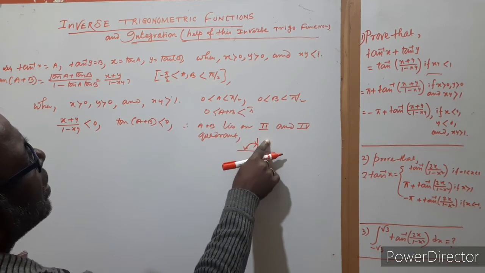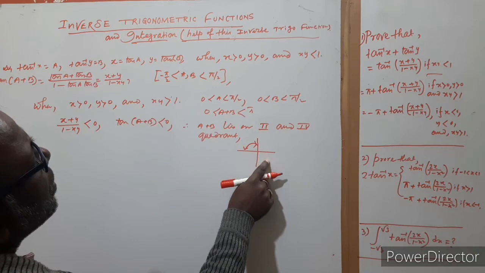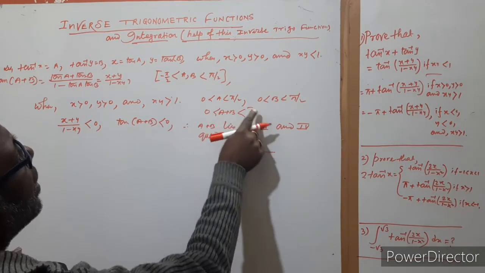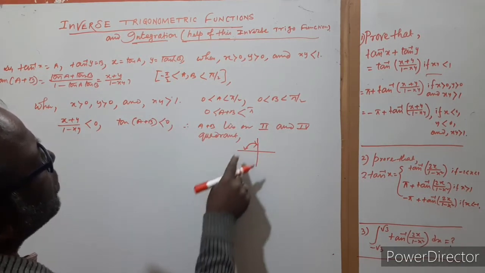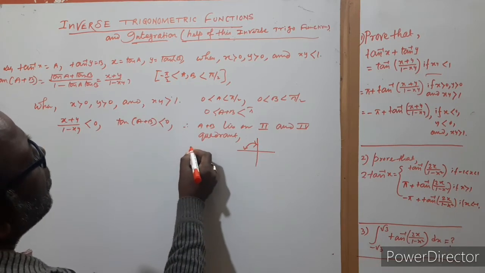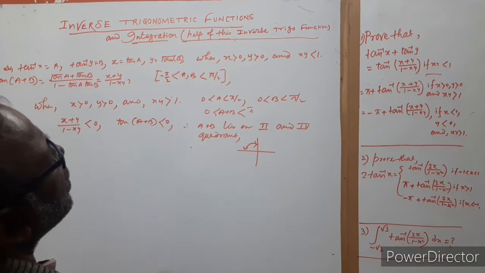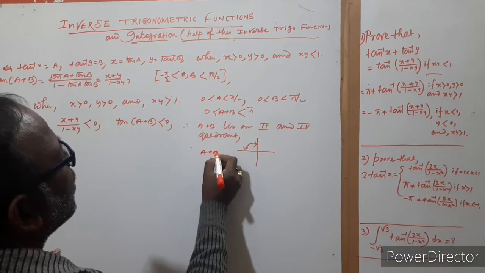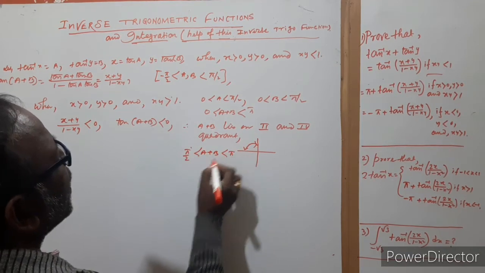So first and third are not possible here, and it may be either fourth or second, but there's no region in the fourth here, so it shows perfectly the second quadrant. So therefore a plus b lies between pi by 2 to pi.